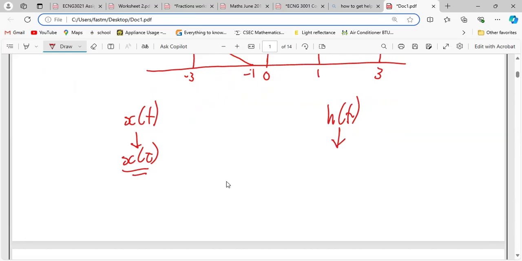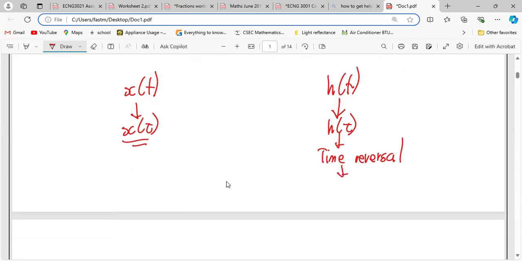So with h at t, first you let t be tau, so you get h at tau. Then you do a time reversal on it. As you remember, the time reversal will just be h at minus tau, so it ends up mirrored on the y-axis.